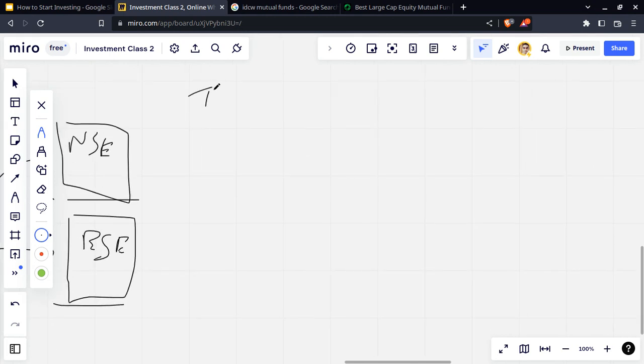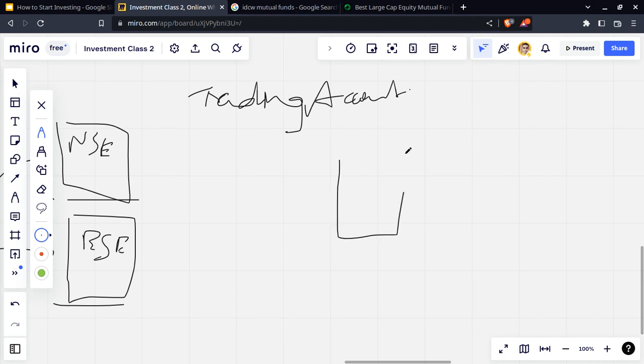Trading account. This is a broker's website, so here you're trading stocks. You have to put your money in this account, and through your account, they will pay the money to the NSE and all, and they will buy the stocks there.